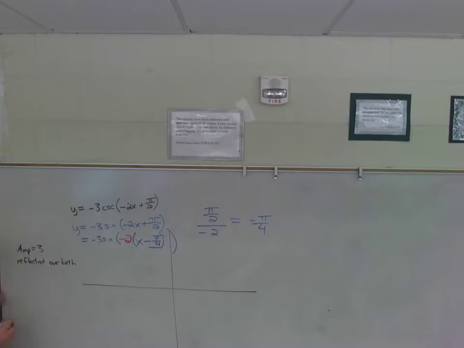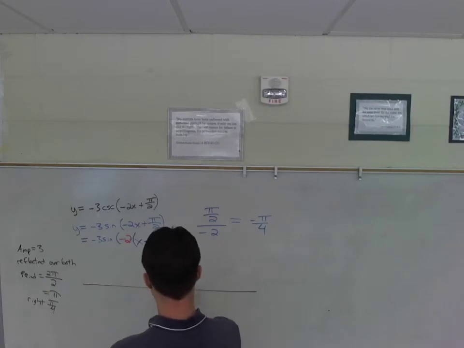The period is 2 pi divided by, hopefully you can tell me it's the 2 that affects that, so that's going to be pi. And then we've got it going right, and because of our factoring, we're not going to make a mistake, and it's going to be right by pi over 4. So that's the guide function that we have to graph. We're going to go up and down 3.